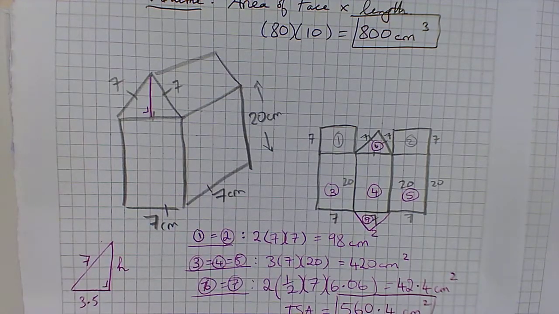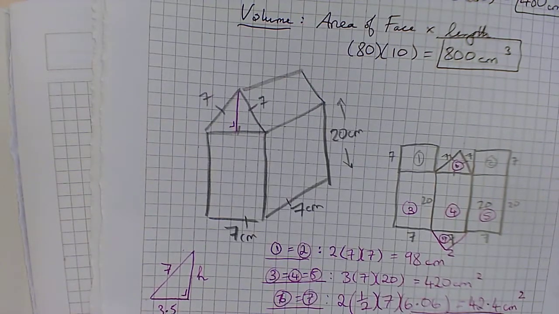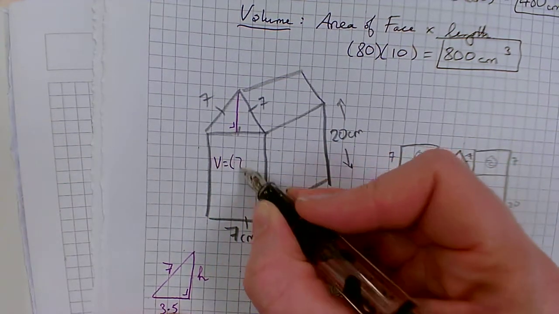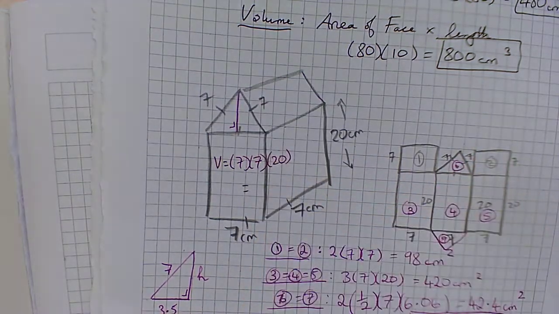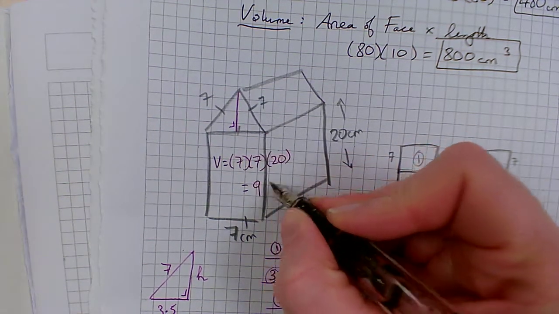And can I fit the volume in here? I need a new page. So the volume then is the volume of the two parts. This one's volume will be 7 by 7 by 20, which works out to be 49 by 20, 980 centimetres cubed.